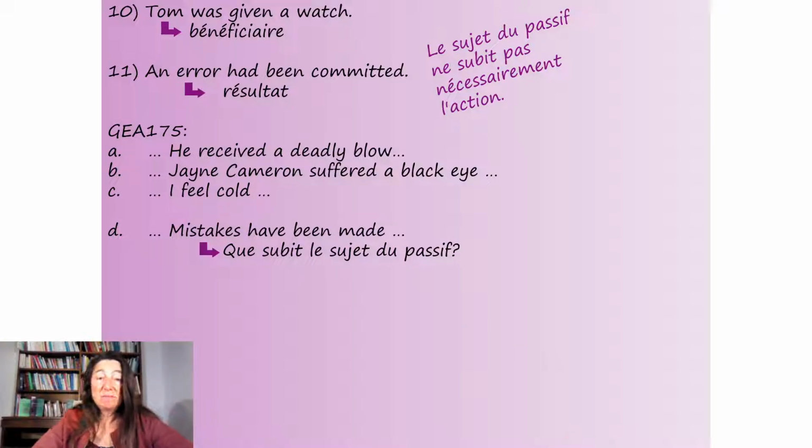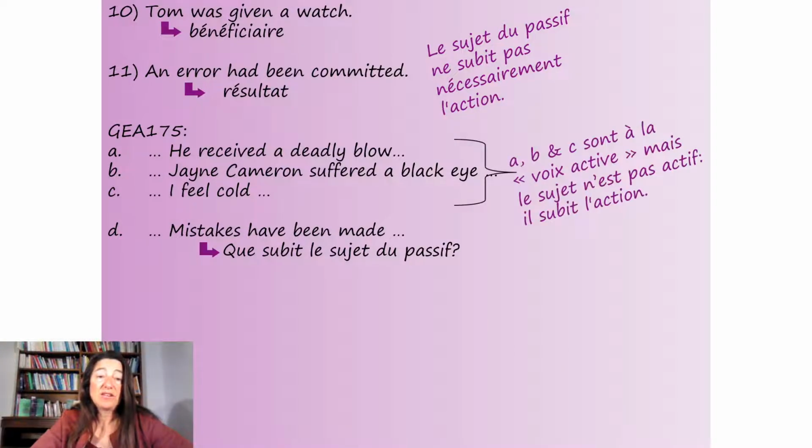Well, it doesn't really make sense to ask that question, and therefore we can conclude that it is not because the sentence is an active sentence that the subject is active. And whenever a sentence is passive, it doesn't mean either that the subject of the passive sentence is undergoing the action.